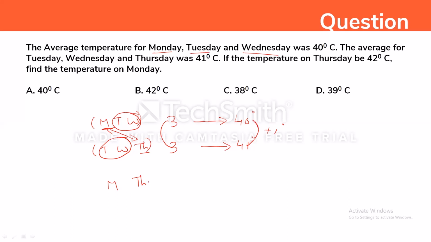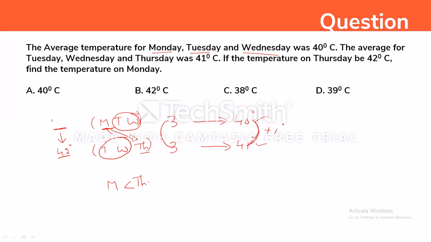You can easily guess. When Monday is there in the first case, the average is just 40. When Thursday is there in the second case, it is 41. So can I say that Thursday's temperature is more than Monday's? Here we have Monday's temperature, and here we have Thursday's temperature. It is already given that the temperature on Thursday was 42 degrees.